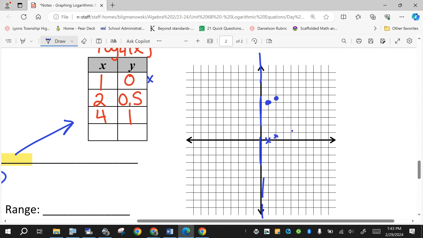And then 4, 1. And I'm going to go up 5. I did not mean to erase those. Let me put those back. I'm going to just extend this down. That was at 2.5. Okay.